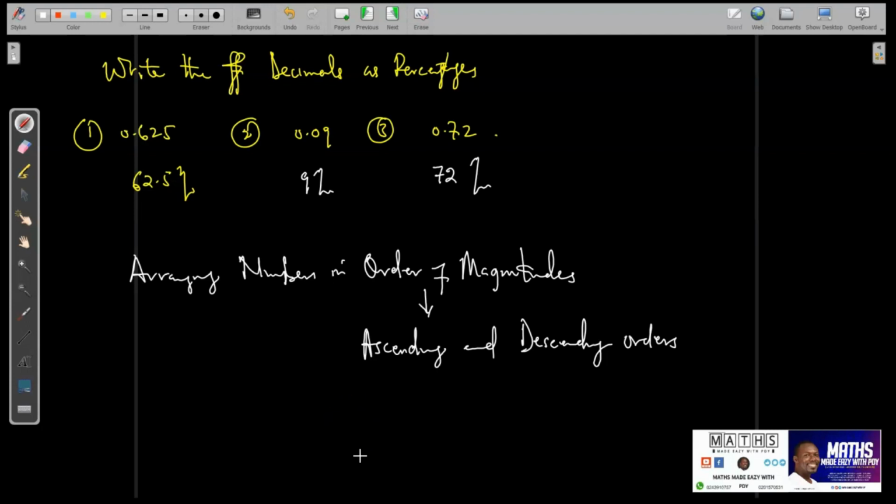And descending order simply is the reverse of ascending order, which is writing from the largest to the smallest. Are you with me? Yes, we are.